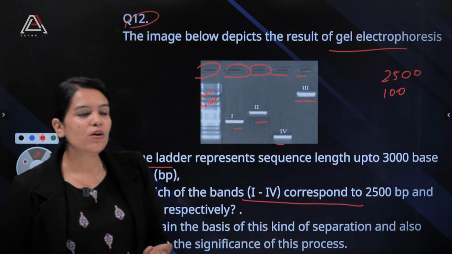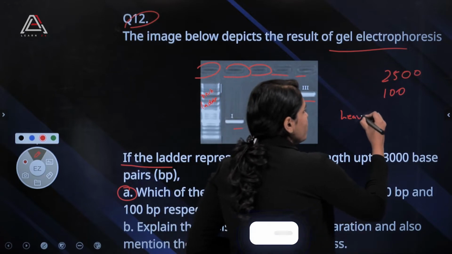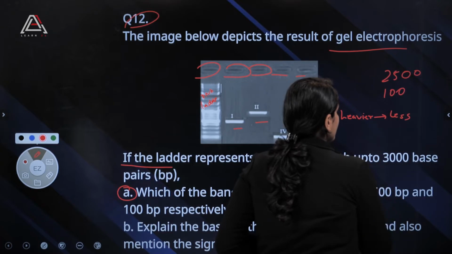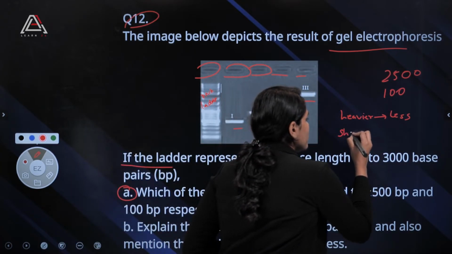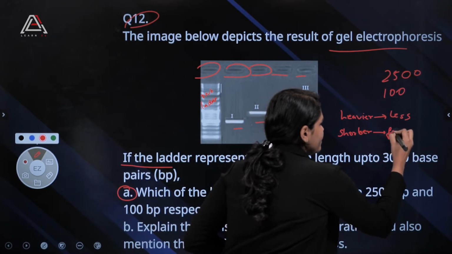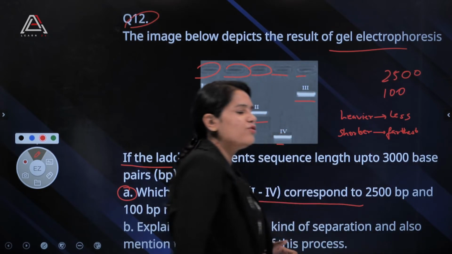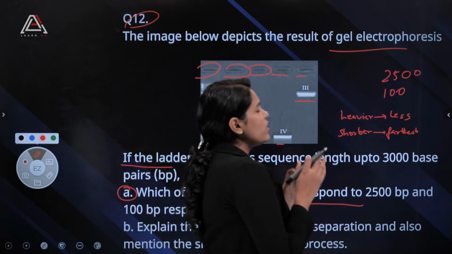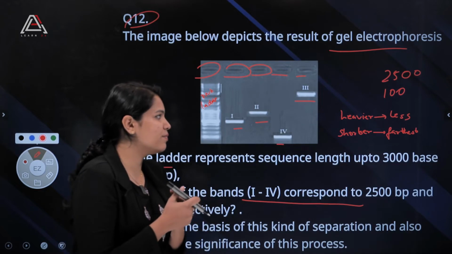You all know that the heavier sequence will move less in DNA gel electrophoresis, and the shorter or lighter sequence moves the farthest. So you have to just use this concept to understand which one is 2500 base pair and which one belongs to 100 base pair.